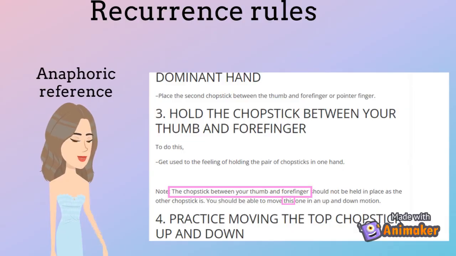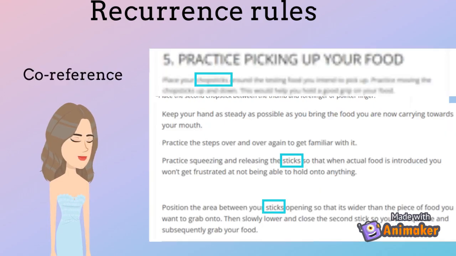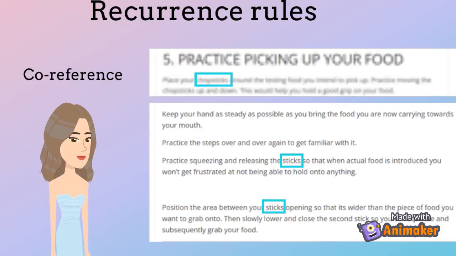In this example, we saw the determiner this to refer to the chopstick. Finally, we found coreference for the use of the linguistic expression sticks to refer to the word chopsticks.